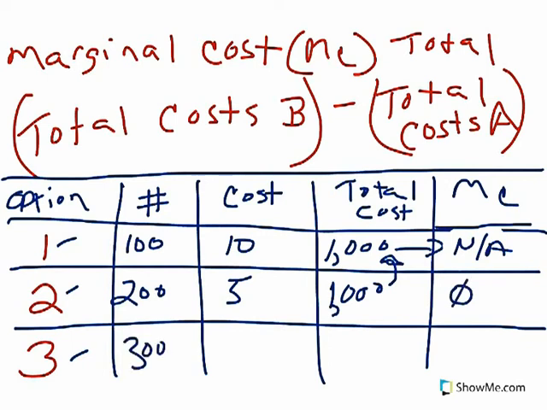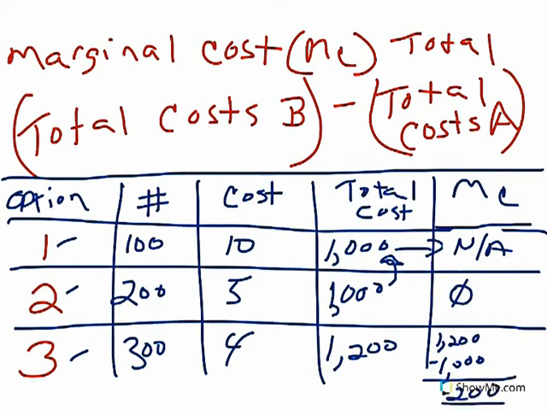Let's say that we could produce 300 units at a cost of $4 each, which gives us $1,200 total cost. The marginal cost for option 3 is the total cost of option 3, $1,200, minus the total cost of option 2, which is $1,000, which gives us a marginal cost of $200.